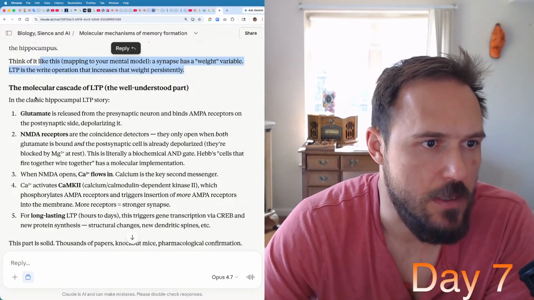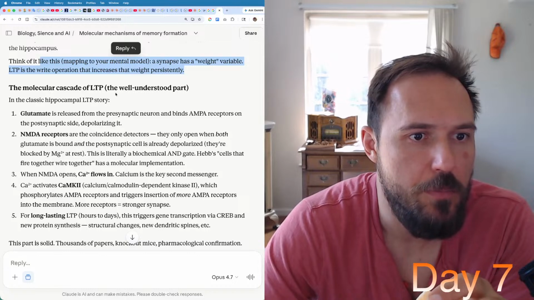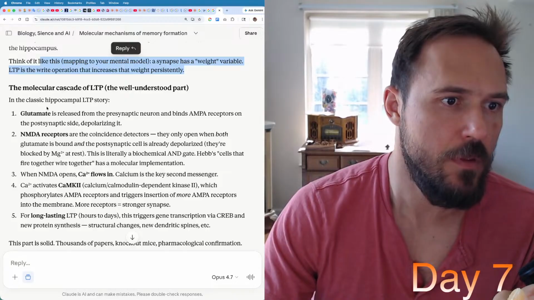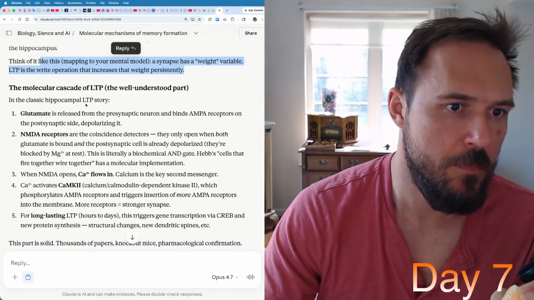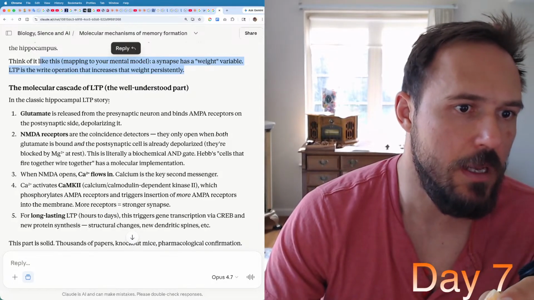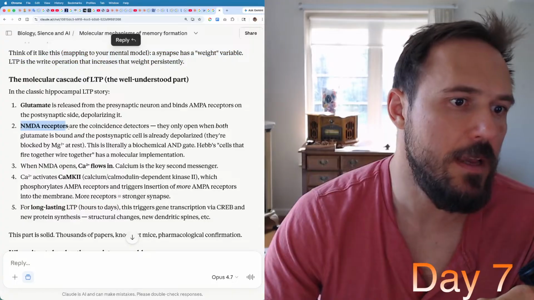Yes, that's what it's saying. The molecular cascade of LTP, the well understood part. In the classic hippocampal LTP story, NMDA receptors.